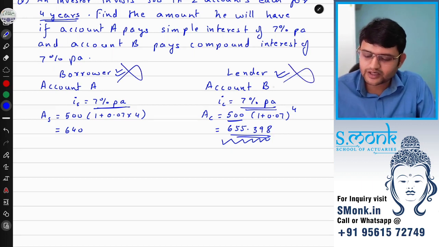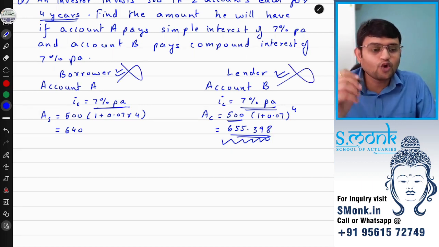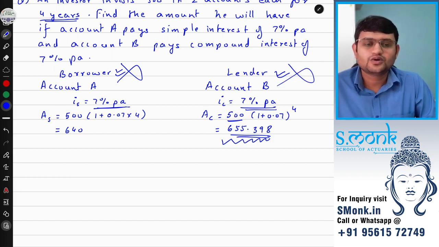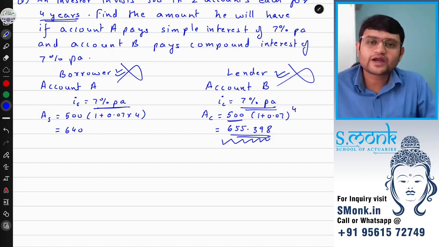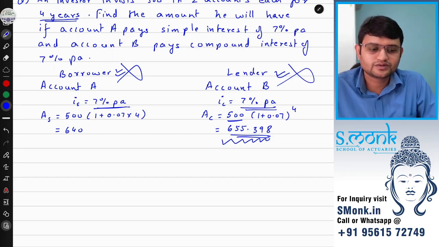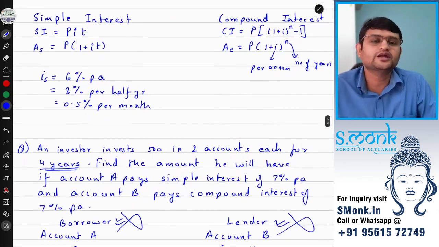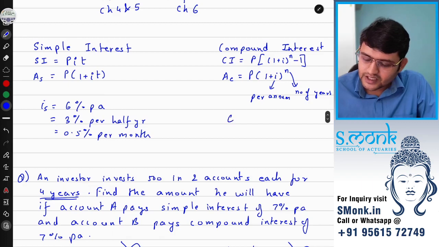It's not about interest. We both have to come to an agreement. Only then the contract will work. So it's not about, again, simple interest, compound interest. It's not about how much interest are you getting. But compound interest is consistent.